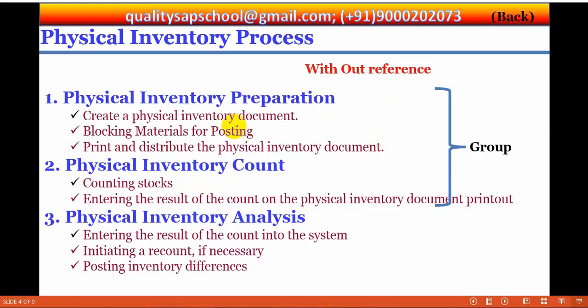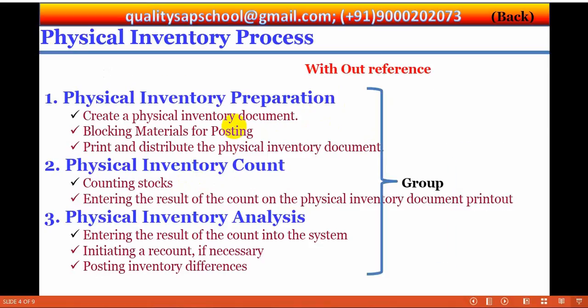Sometimes we can even do all together at a time. Without entering any physical document in the system, we directly enter the counting and also post the differences, all at the same time. That is also possible here.